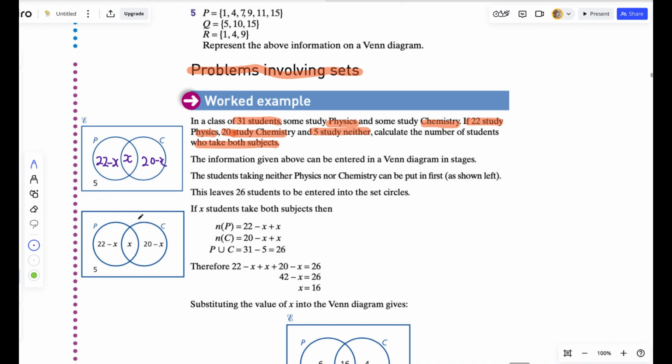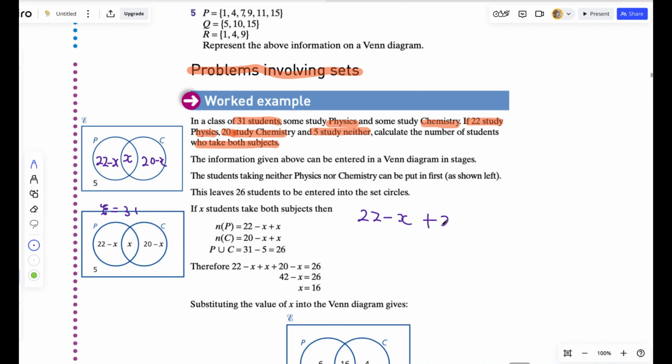Now you know the universal set is equal to 31, the number of students in the class. So we're going to add all of this up and say equal to 31. We start from 22 minus x. Then we say plus x.